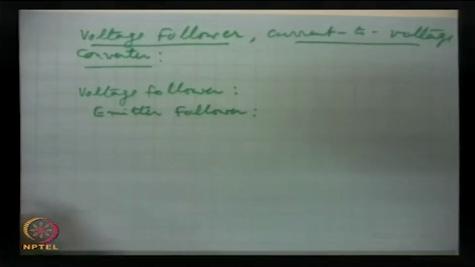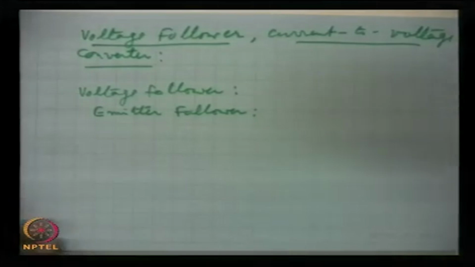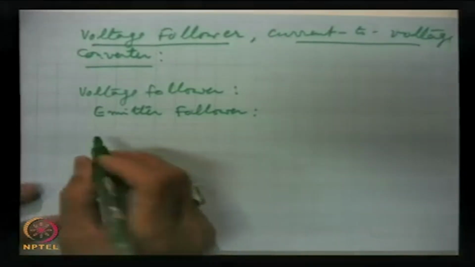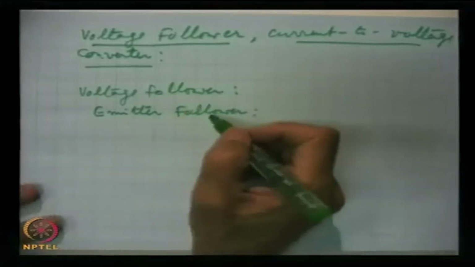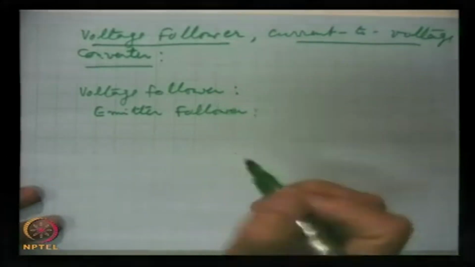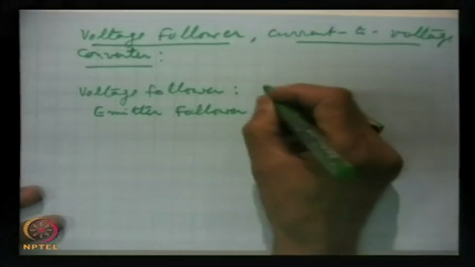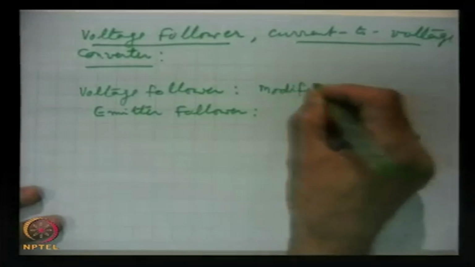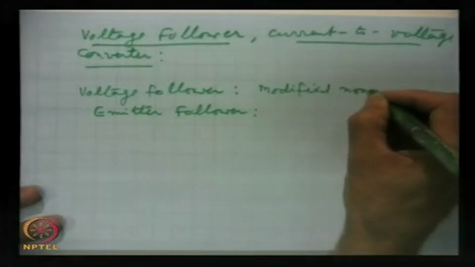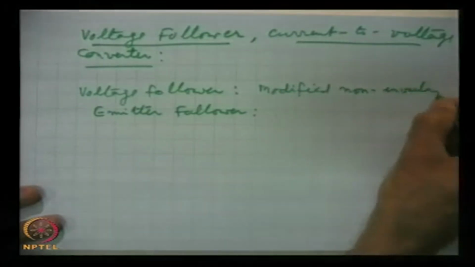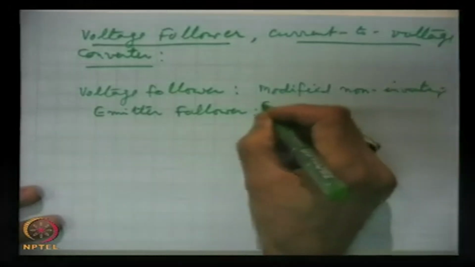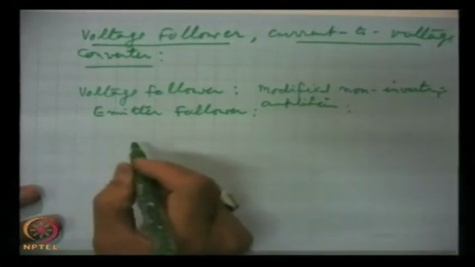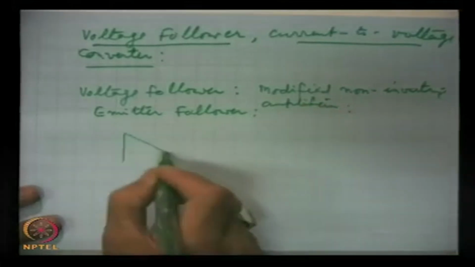Now, with op-amp the circuit is the voltage follower, and this is, you remember, a modified non-inverting amplifier. So, the basic amplifier was this.